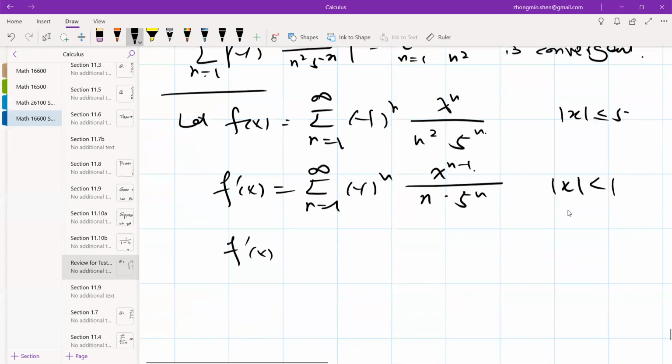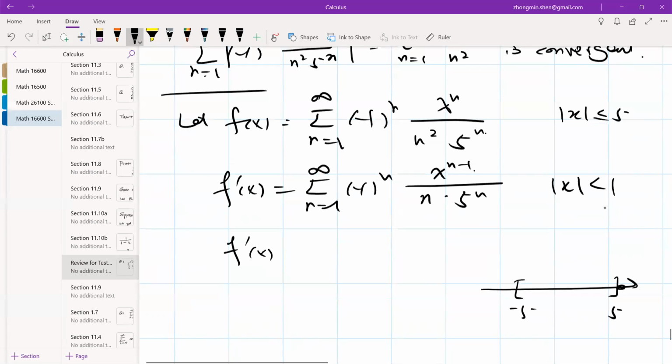You see the function is defined on the closed interval, right? When you talk about a derivative, usually it's for a number inside the interval. But how about at the boundary? At the boundary, we use a left limit.